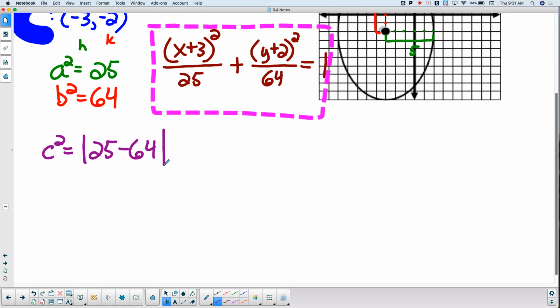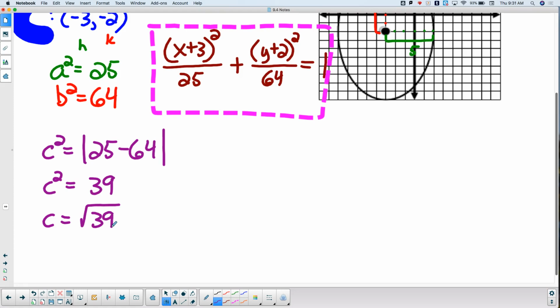Do you know what 25 minus 64 is? Negative 39? I think so. Yes. So absolute value then would be 39, right? Can the square root of 39 be simplified?